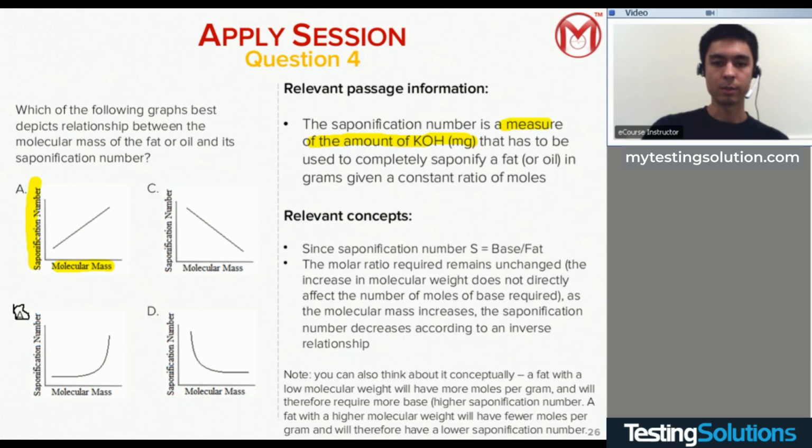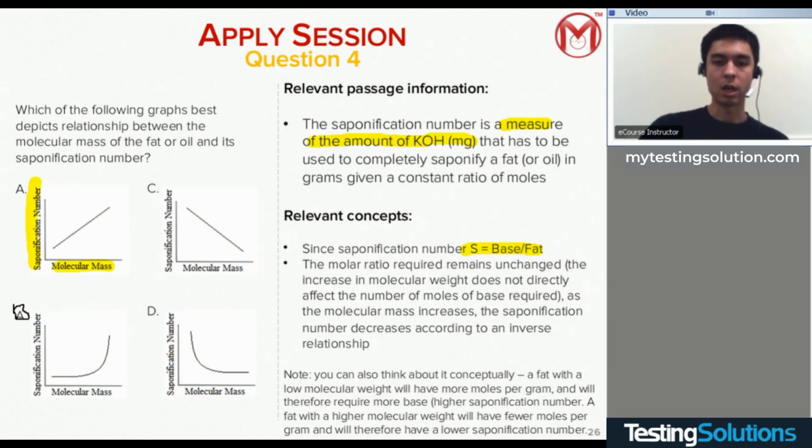So, concepts here. Saponification number, we can basically write that out in an equation as S, saponification number, equals the base over the fat, or the oil. So the molar ratio that's required remains unchanged, right? It's whatever, 3 to 1, 1 to 1, whatever the case may be. That ratio remains unchanged. As the molecular mass increases, then the amount of base remains the same because it still just needs to be done in a molar ratio.